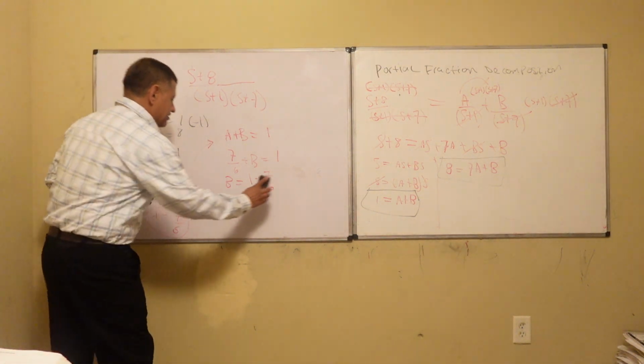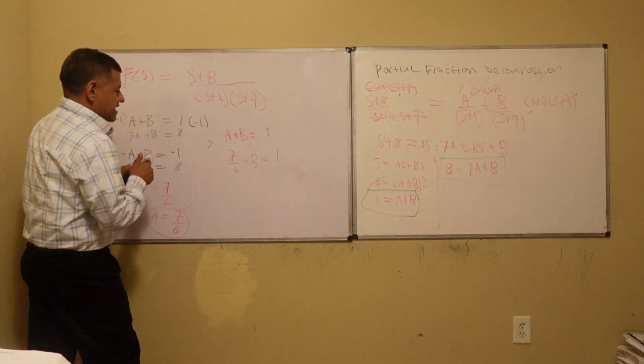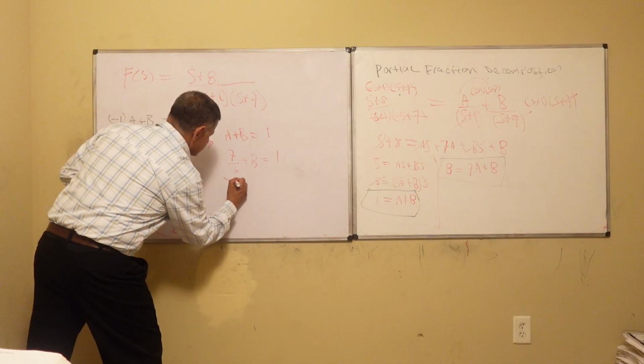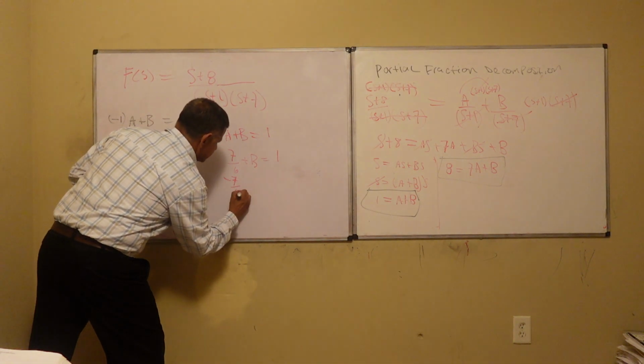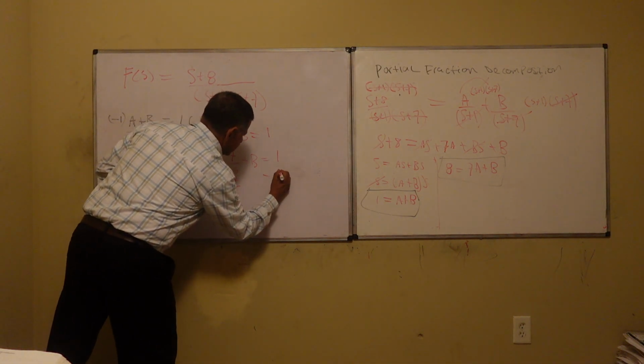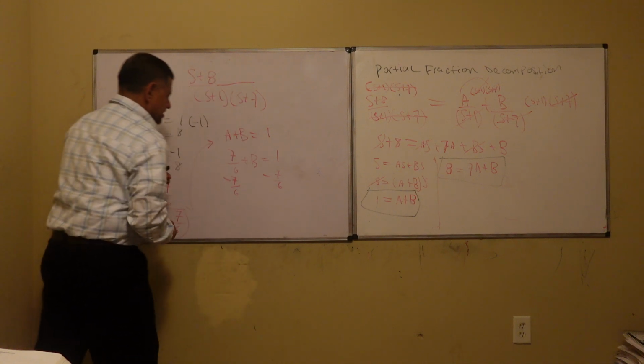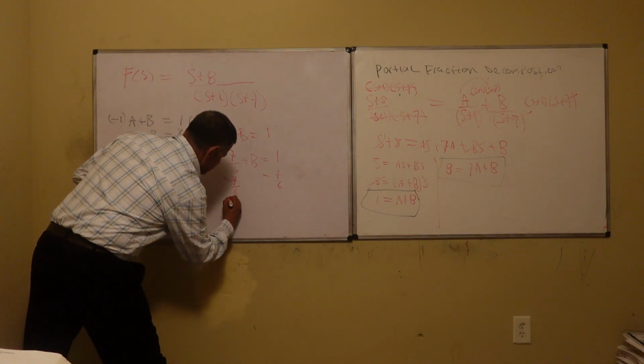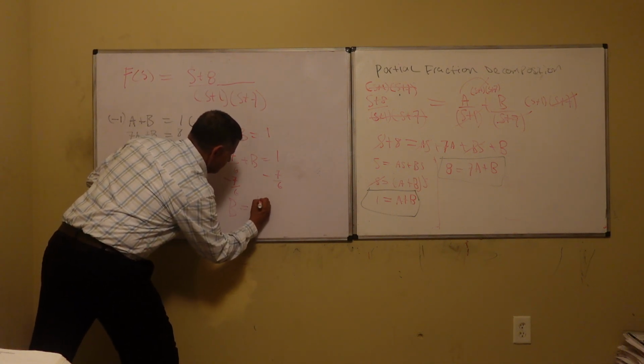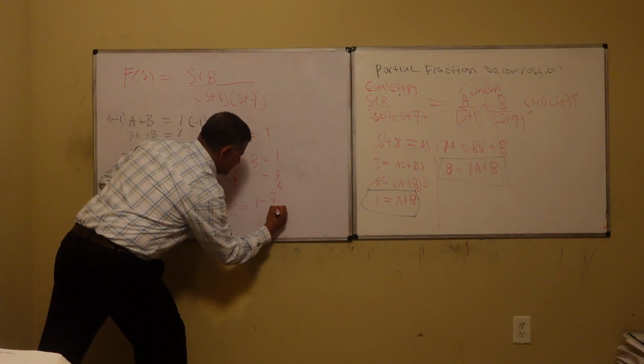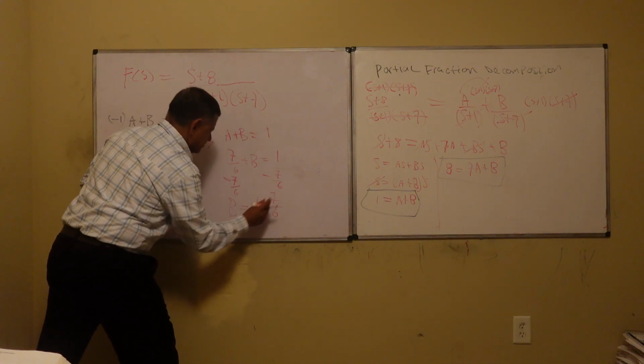I can do it step by step. I can say, okay, subtract 7 over 6 from both sides, and then b is equal to 1 minus 7 over 6.